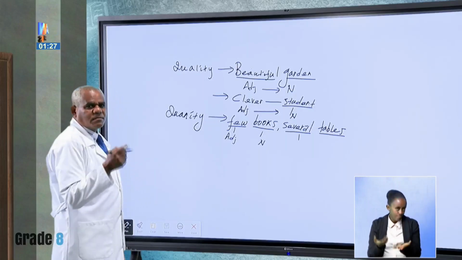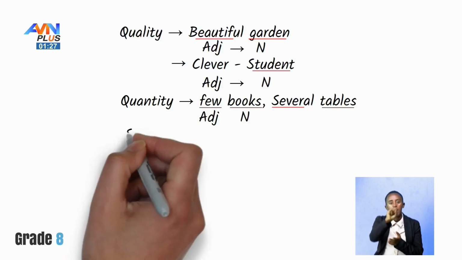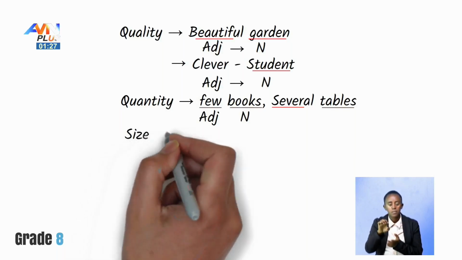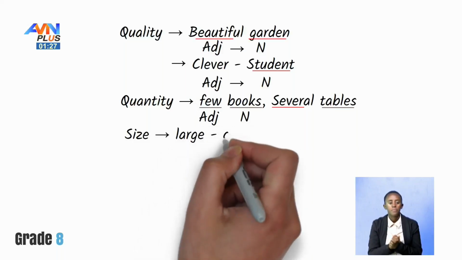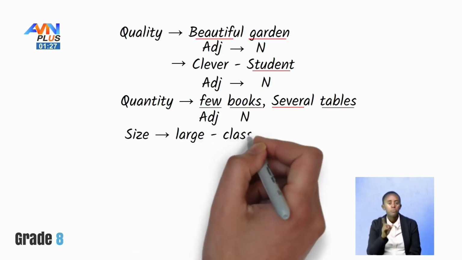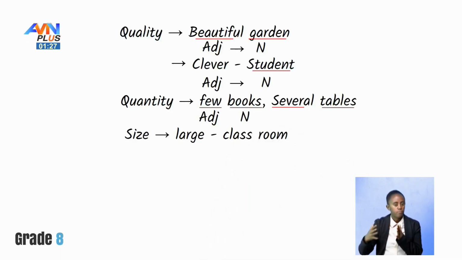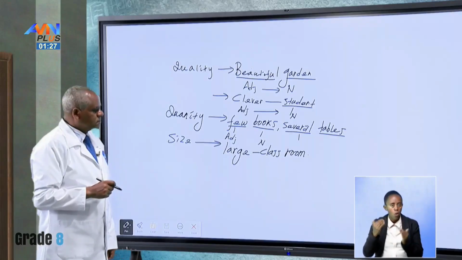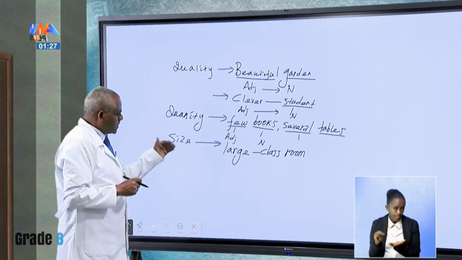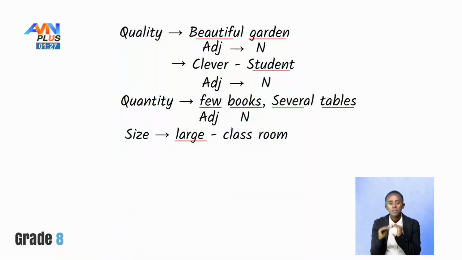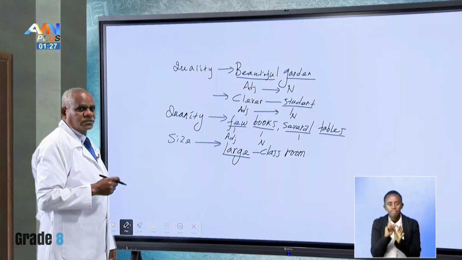I would like to give you some other examples. Size. Good. Let's take pairs: large classroom, large hall, large room, etc. It's still an adjective which refers to size.